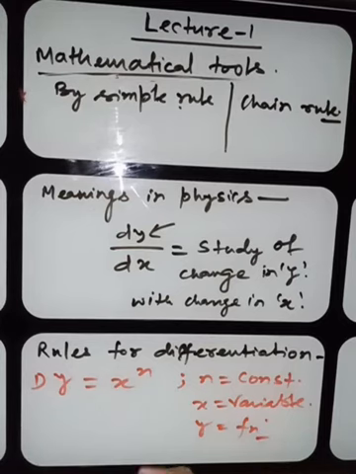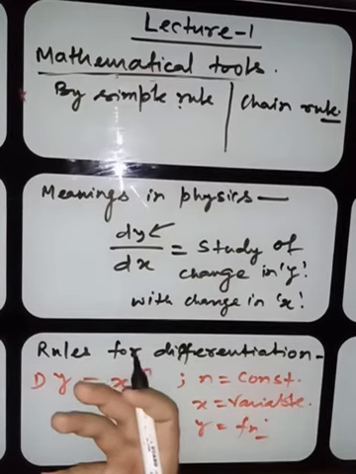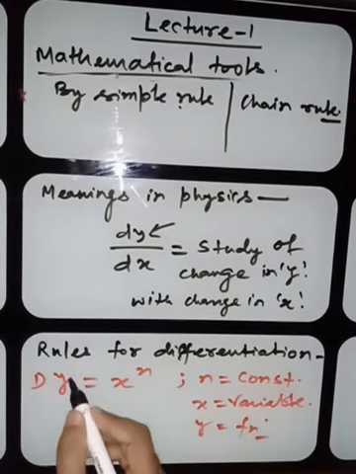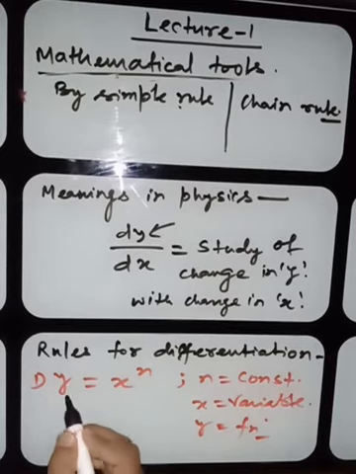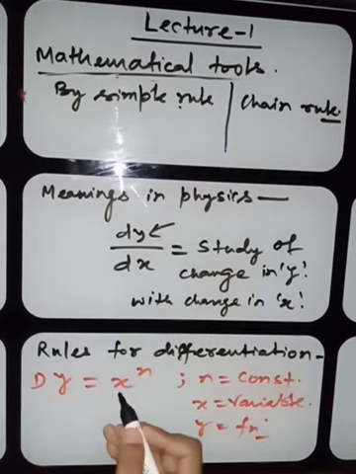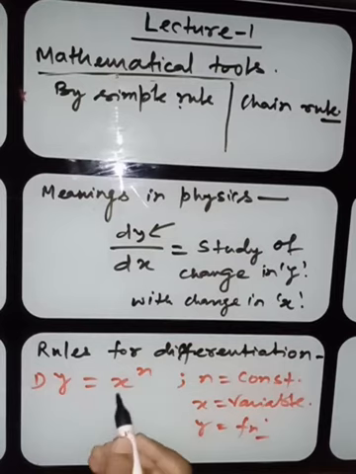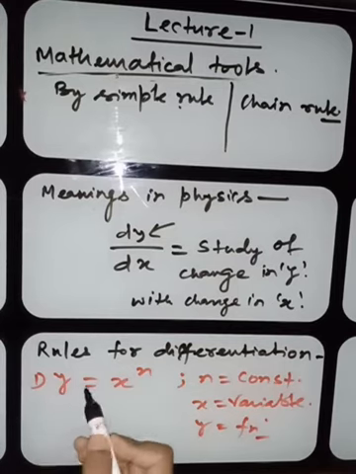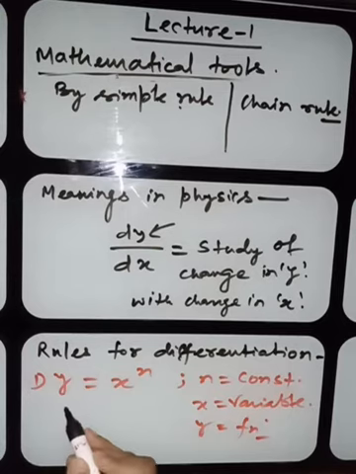So the formula, directly I'm giving you a formula, you have to remember how you will differentiate this y, and you have to find differentiation with respect to x. As I told you, y is differentiable only if it is a function of x, and with respect to x you can differentiate this y.